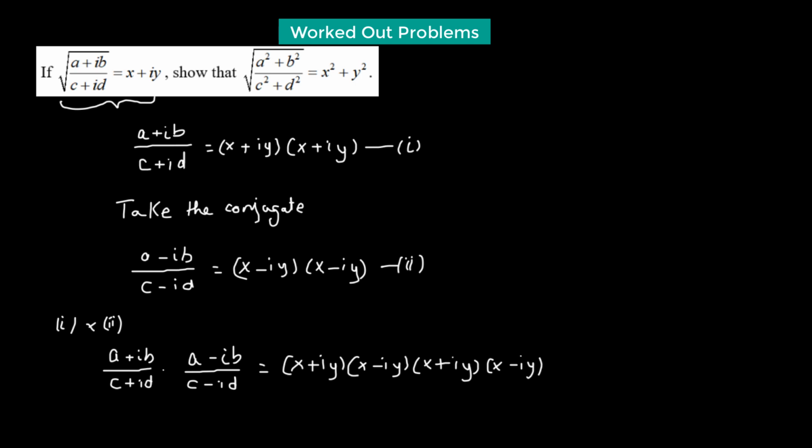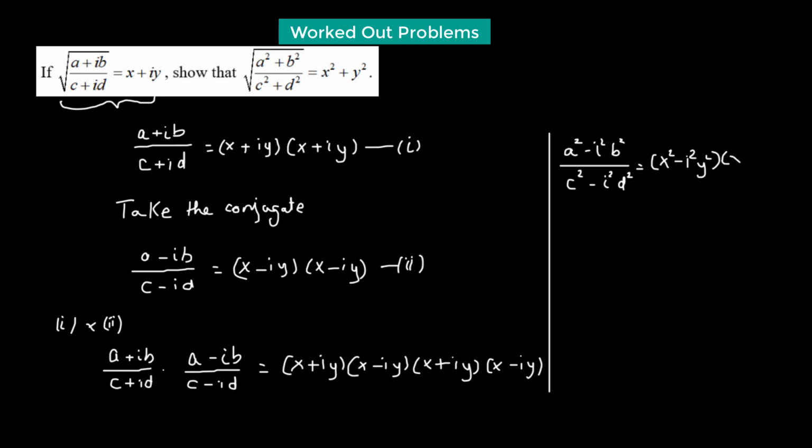So that should give us (a + ib)(a - ib), which will be a² - i²b², divided by c² - i²d², which will be equal to (x² - i²y²) multiplied by (x² - i²y²).